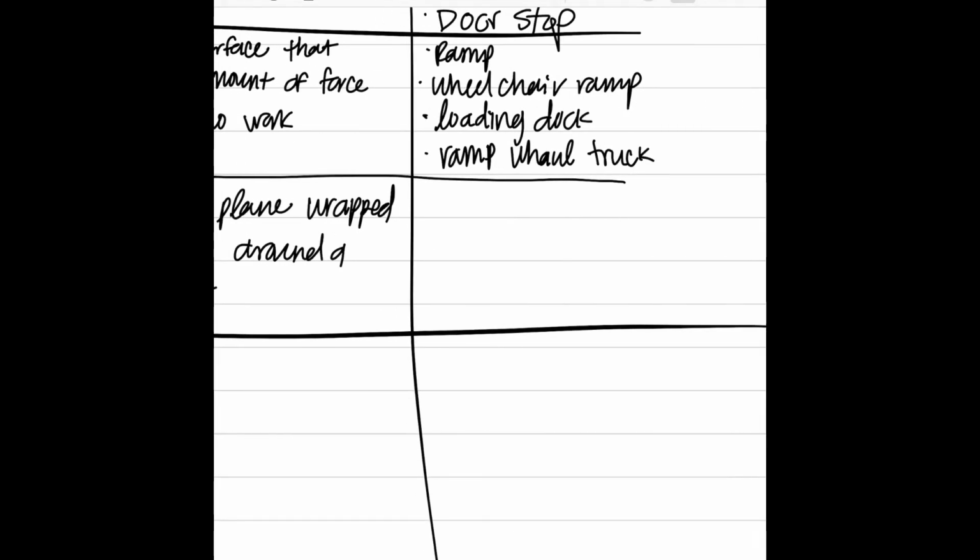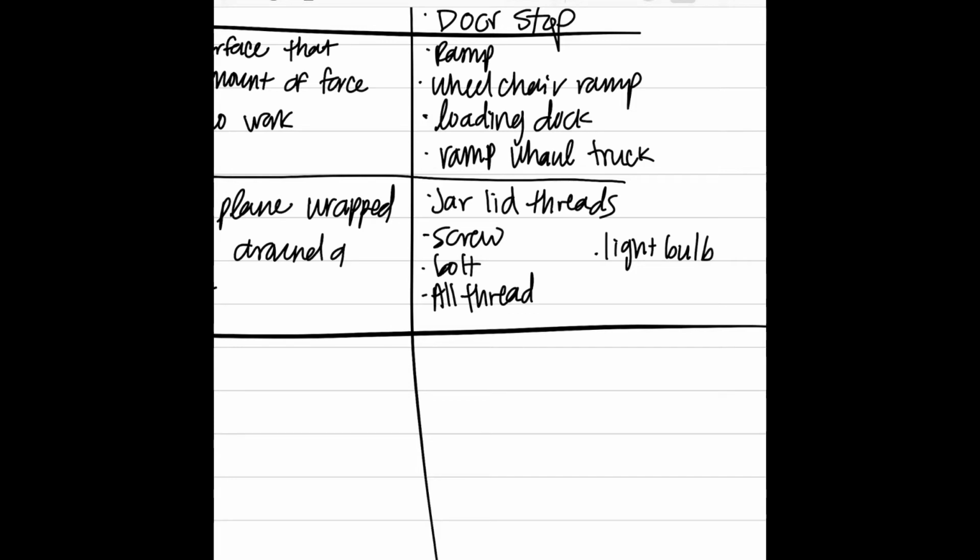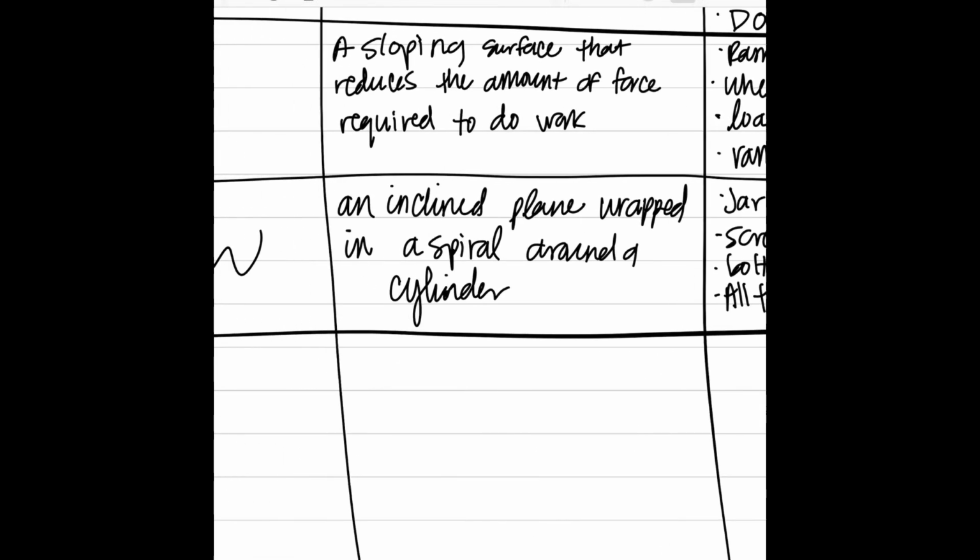Okay, the examples are a jar lid's threads, a screw, of course, a bolt. For those of you that know what all thread is, it's like a super, super long bolt, but there's no end on it. Light bulb threads. Those are all examples.